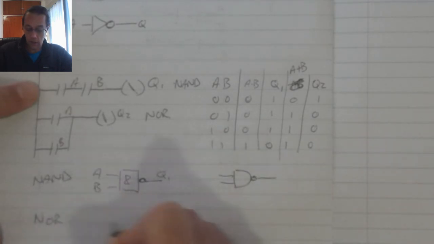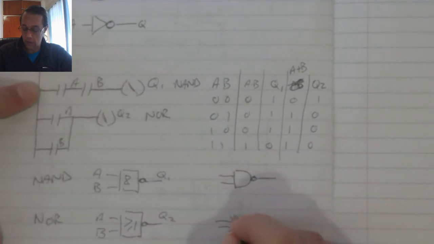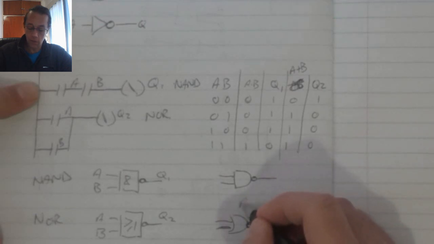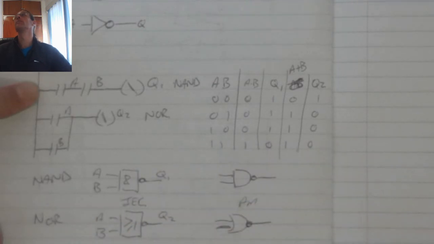When it comes to the NOR, we're saying A, B goes into my OR, and the output gets NOTed to give me Q, and the symbol is the same as the OR, except for the inverse. Here I've got the American symbols, there I've got the IEC symbols.